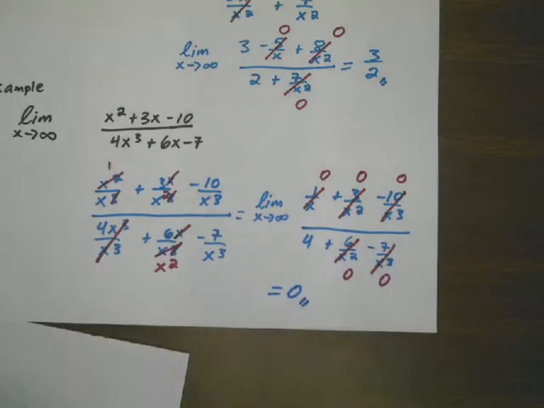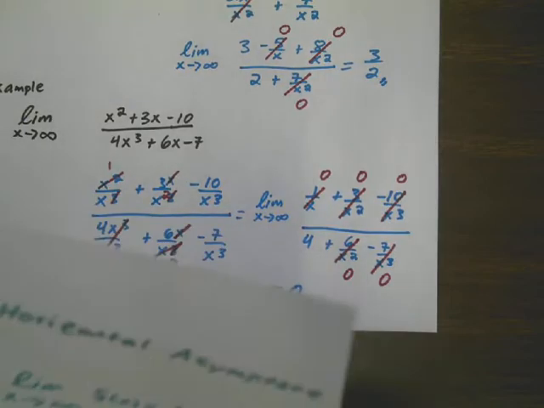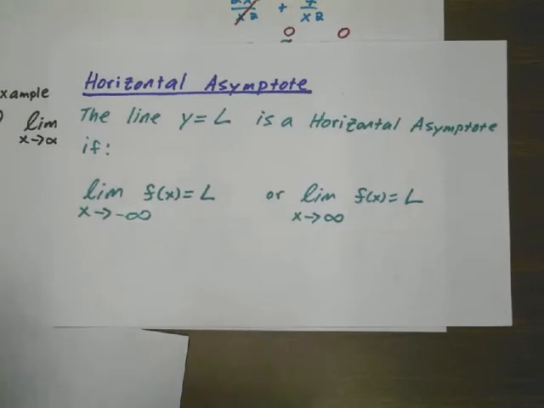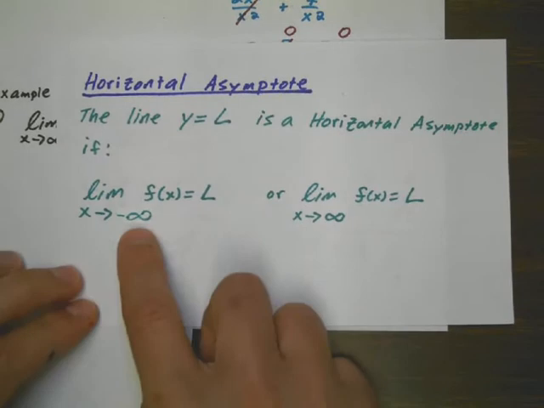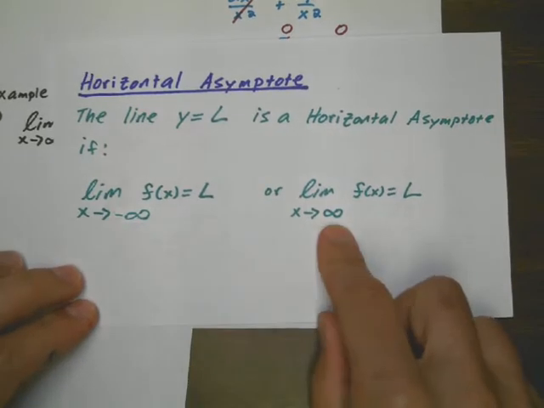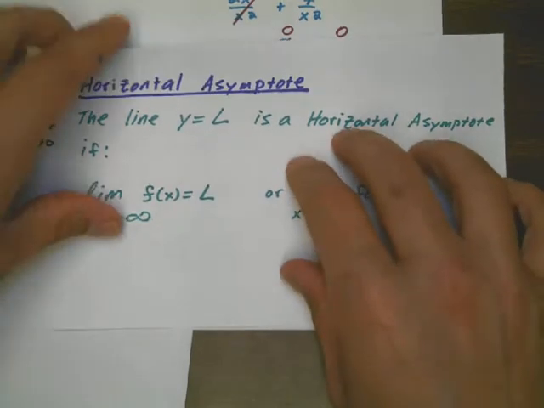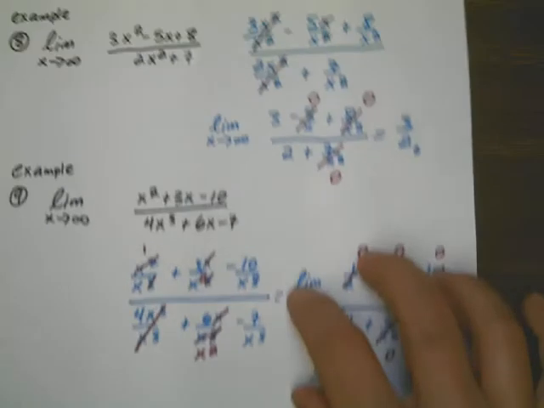As far as the definition of a horizontal asymptote, all you have to find is the limit as x approaches negative infinity and positive infinity. You do so the way we just went through the examples, by dividing through by the biggest power in the denominator.